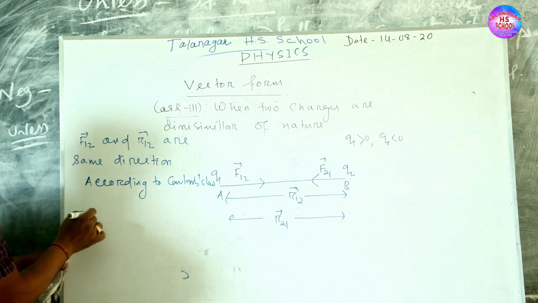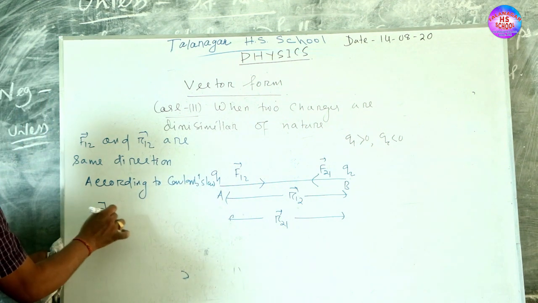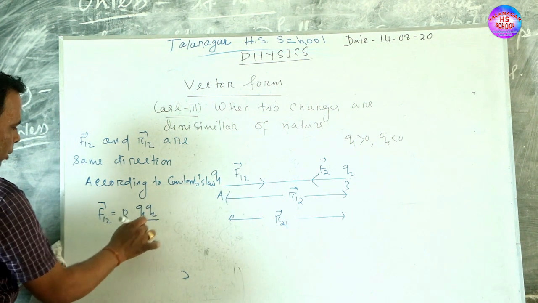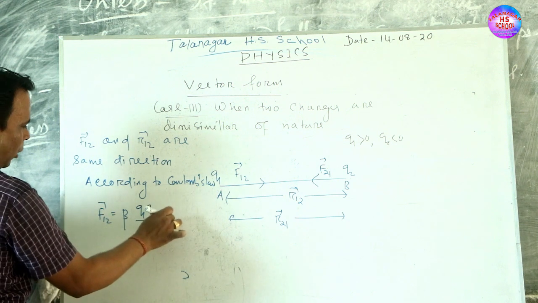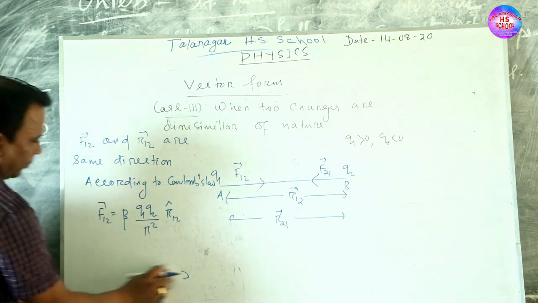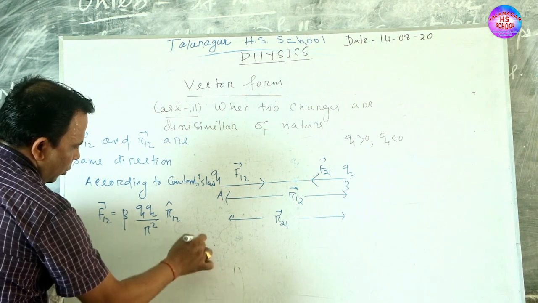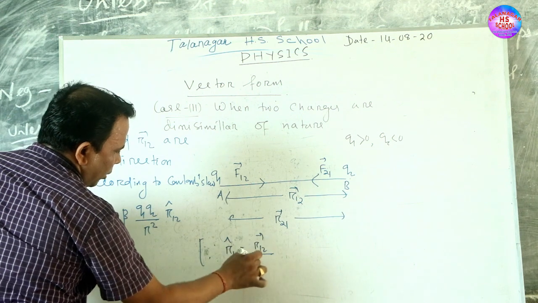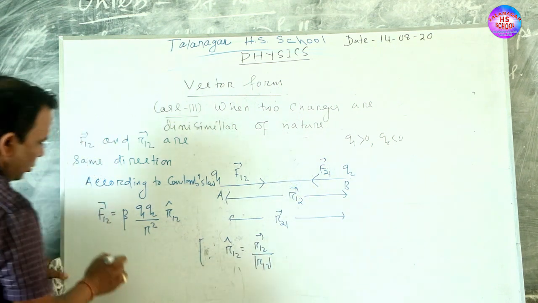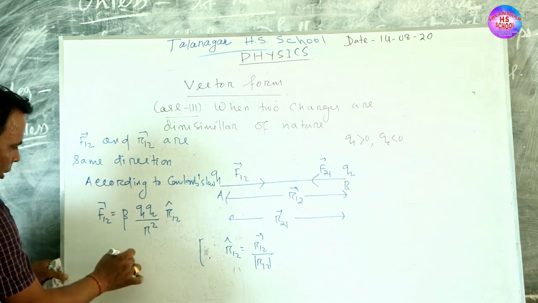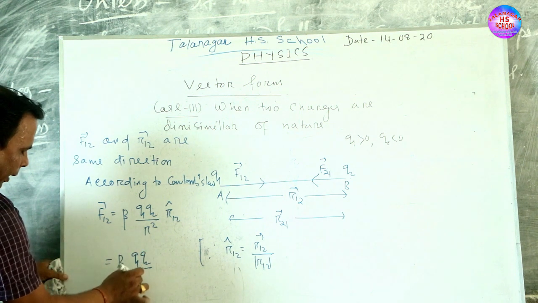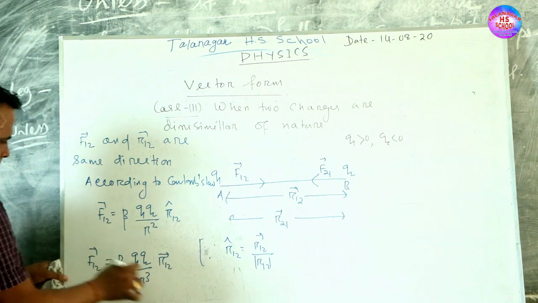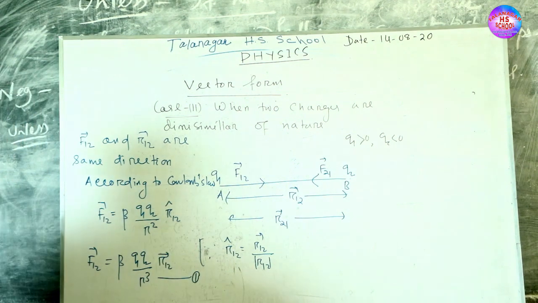Coulomb's law: F12 is equal to beta Q1 Q2 by r square into R12 cap. We know R12 cap means R12 vector by mod R12. Substituting the value here, beta Q1 Q2 by r cube into R12 vector. This is equation 1.